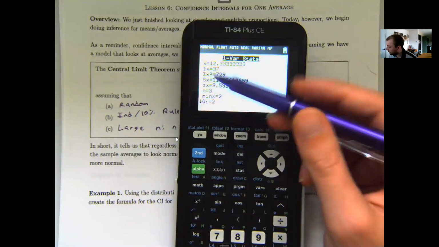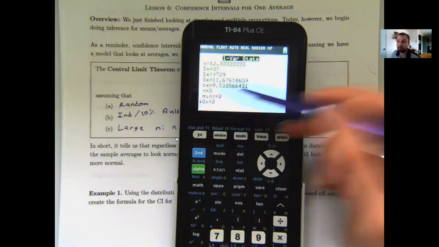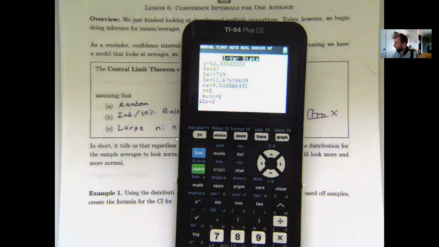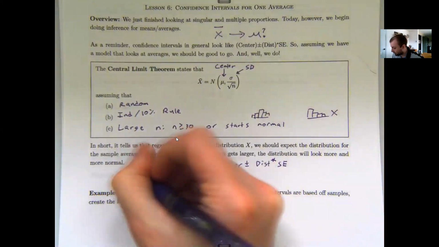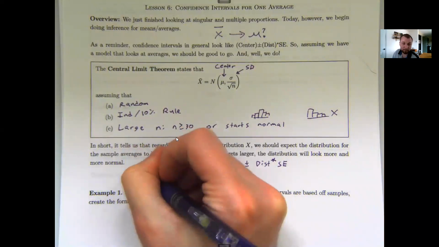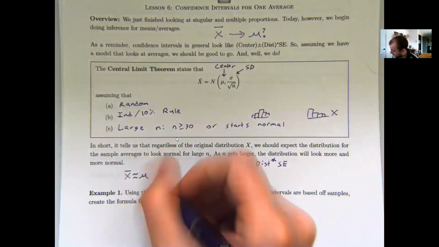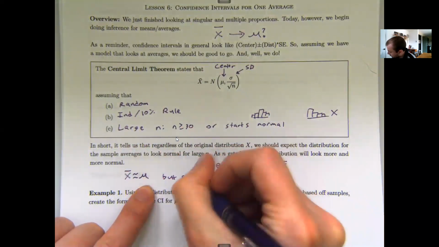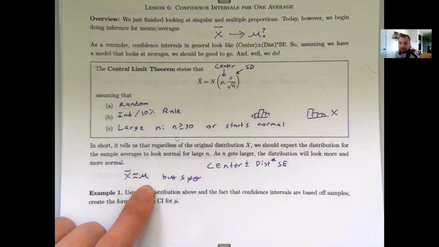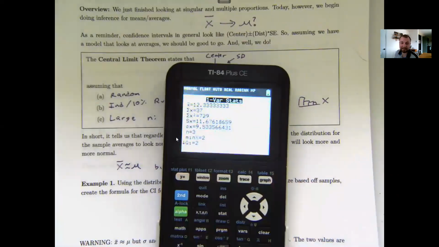And it gives me a value for sigma, my population standard deviation, of 9.5 or so. So something that I find a little bit interesting is that in general, your population average looks like your sample average, but your sample standard deviation is a very different number than your population standard deviation. 11.7 is not the same thing as 9.5.